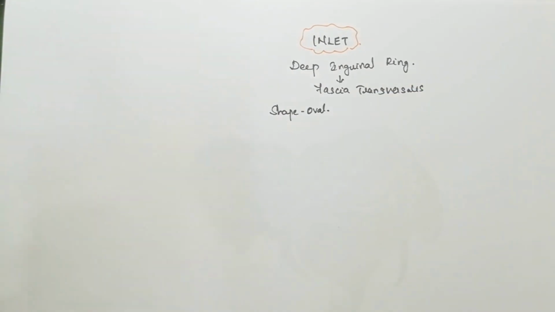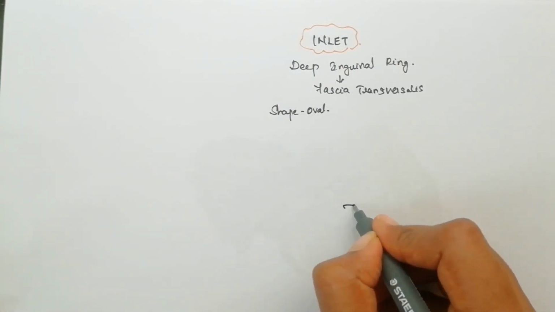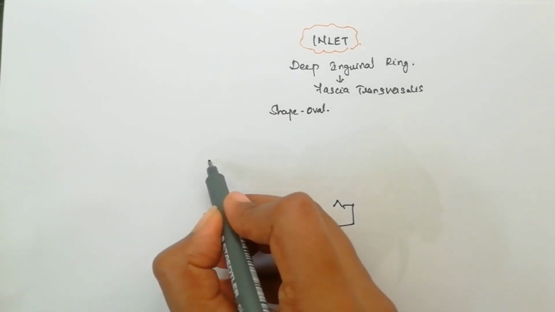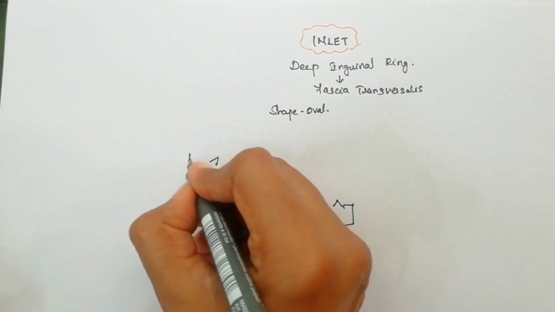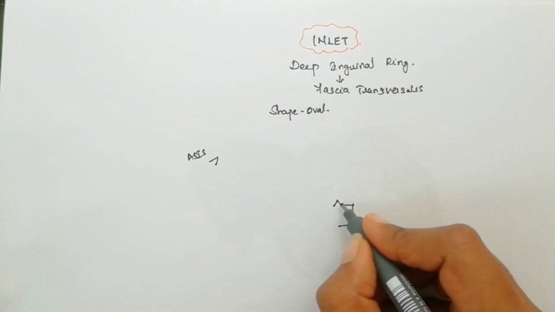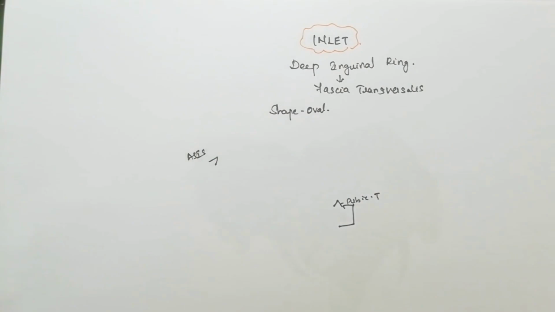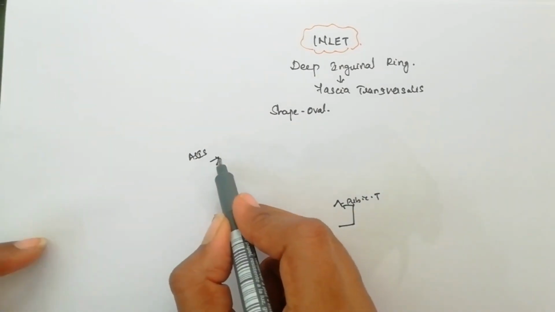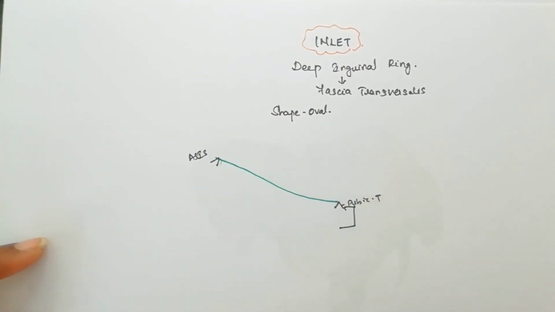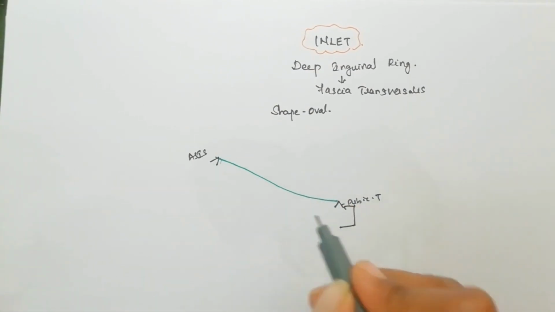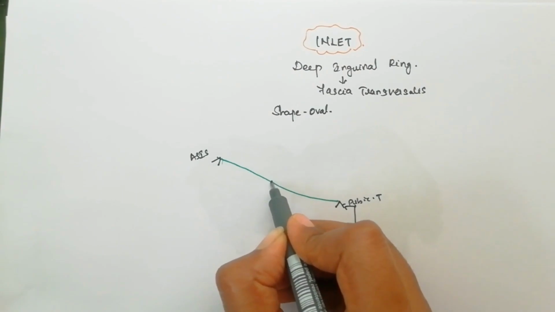Now we are going to see where it is placed. We already know we have our pubic symphysis with the pubic tubercle, and then we have our anterior superior iliac spine. From that we have a ligament extending, and that ligament is nothing but the inguinal ligament.